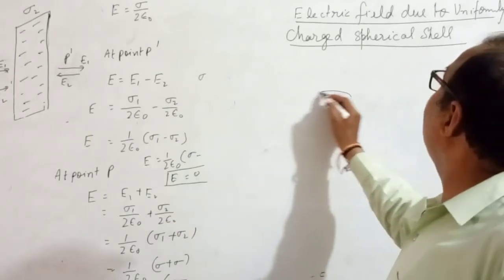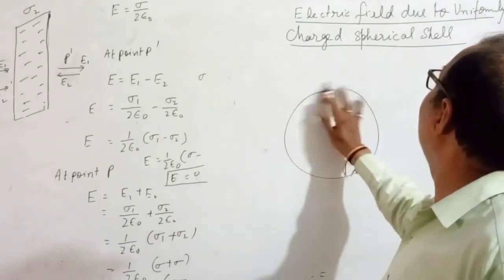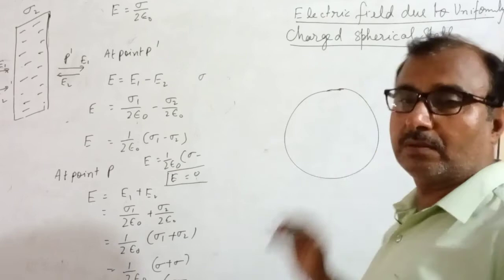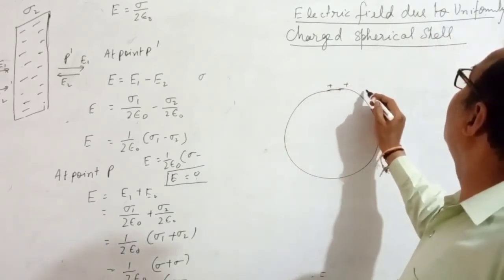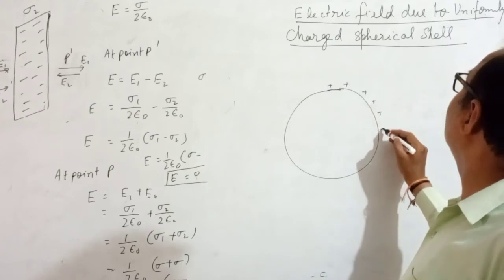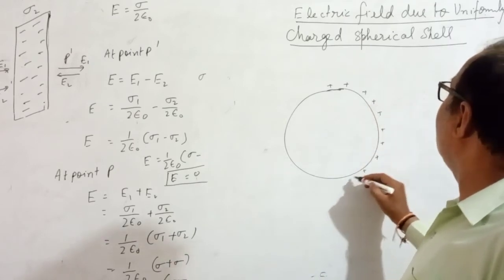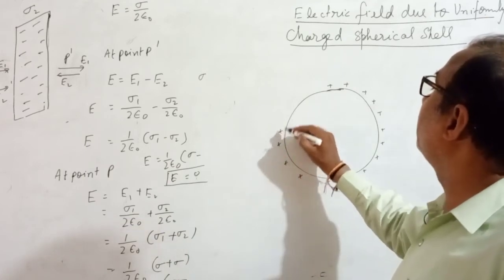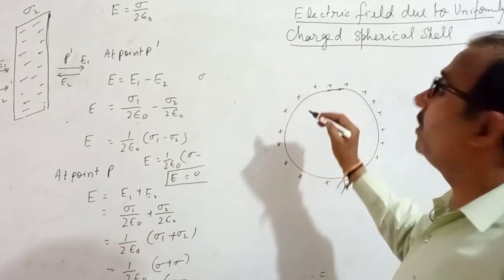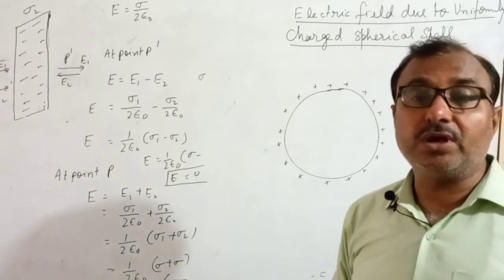Suppose that you have a uniformly charged spherical cell. It's like this. You have a uniformly charged spherical cell which has positive charge. Always remember, charge always remains at the surface of the sphere.